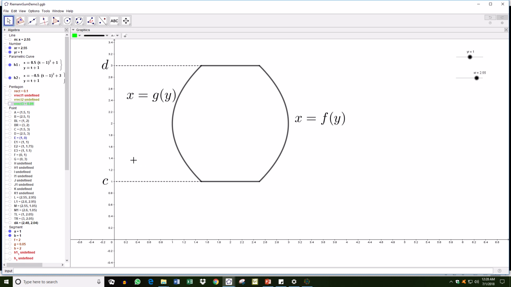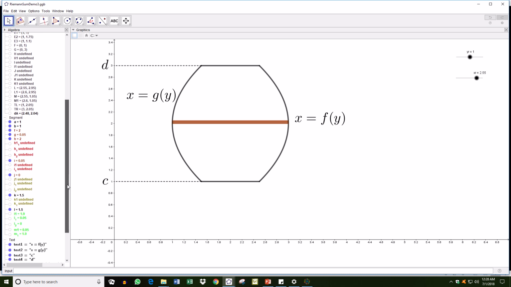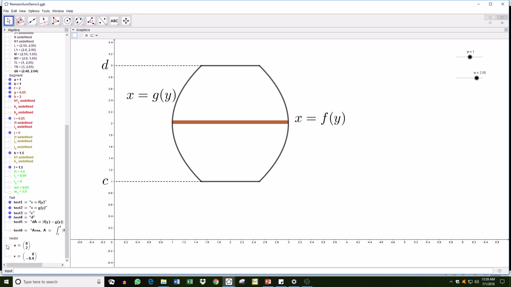Instead, if we were to make the rectangle a horizontal rectangle, things become so much easier. That is, we'll make the rectangle horizontal. We will say that we have placed it at a distance of y from the origin or from the x-axis, and the, should I call it, width of the rectangle?